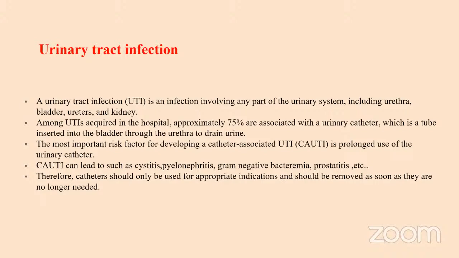So these patients should be checked regularly for any infection and can be advised to have a suprapubic catheter if possible. If a patient is quadriplegic, he or she can have a suprapubic catheter. And if a patient only needs a catheter for a short period of time, like minor abdominal surgery or childbirth with an epidural, it can be removed as soon as it is not needed.